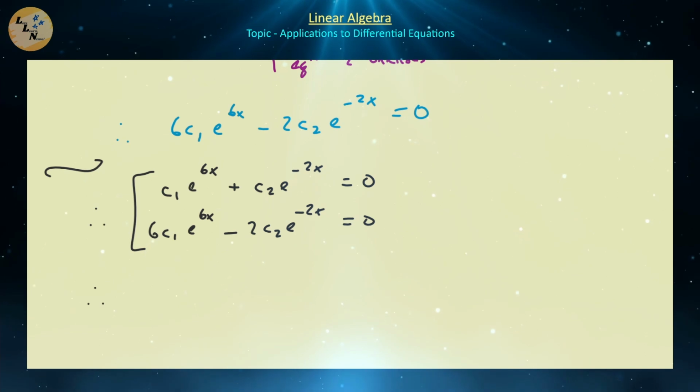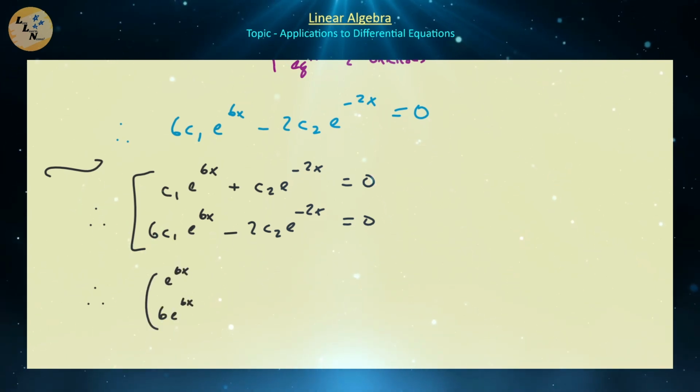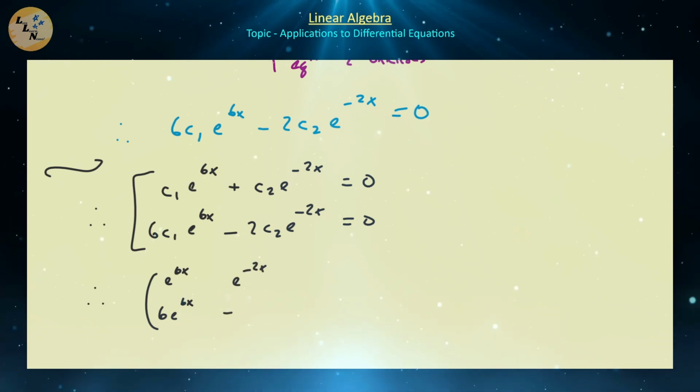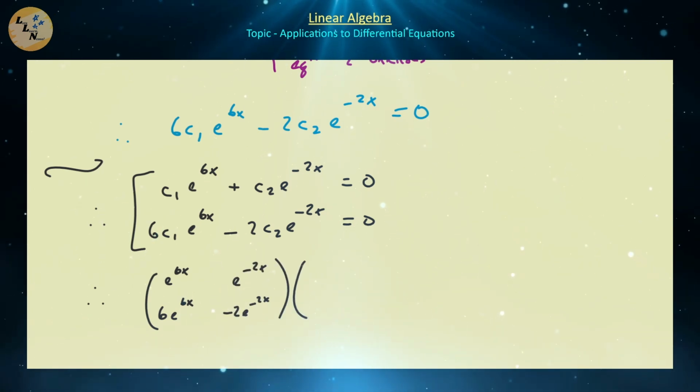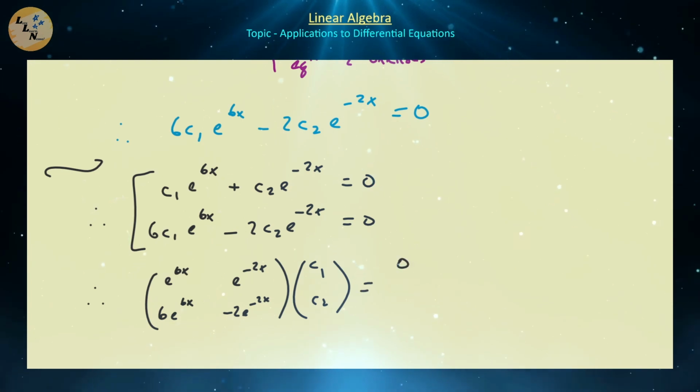I can write this in matrix form as the matrix with columns (e to the 6x, 6e to the 6x) and (e to the minus 2x, minus 2e to the minus 2x), times (c1, c2), is equal to (0, 0).